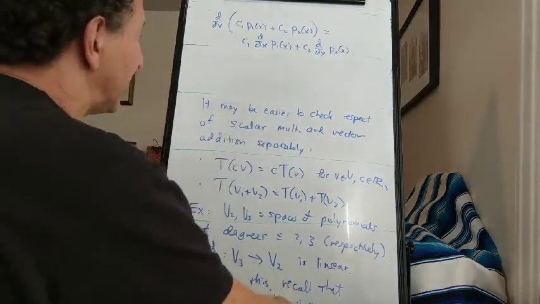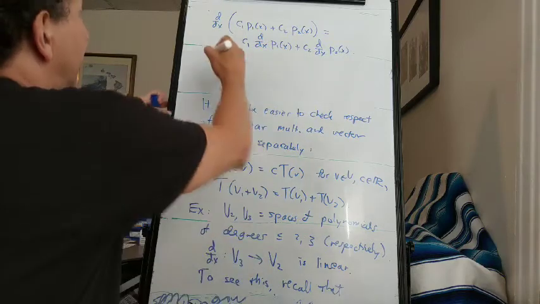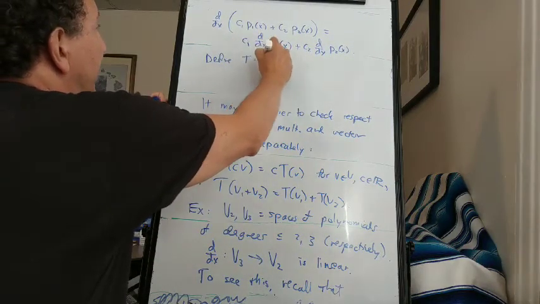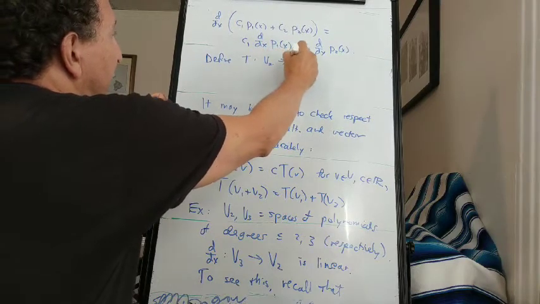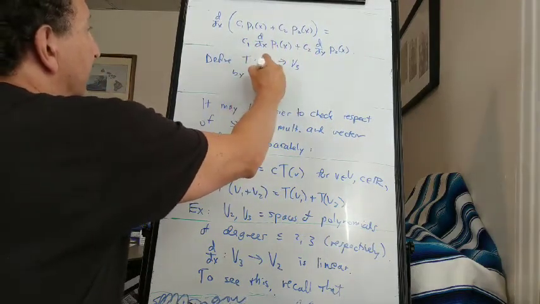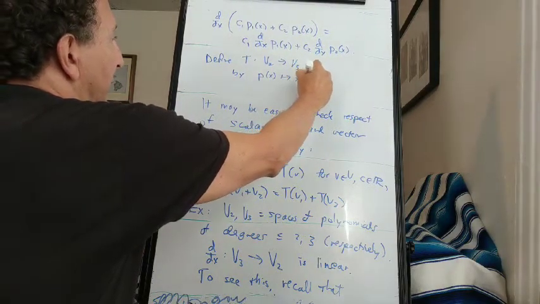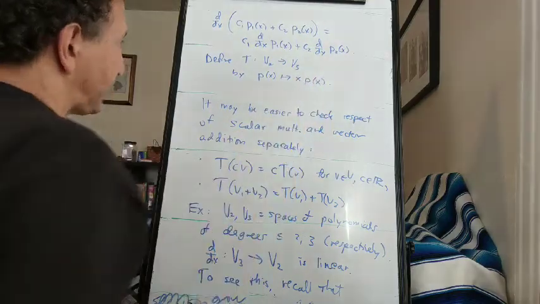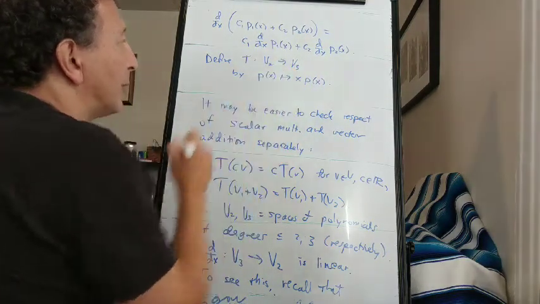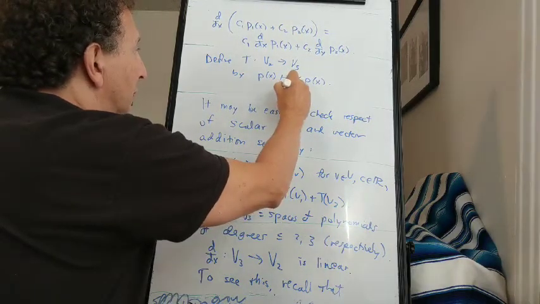Another easy linear transformation involving polynomials is, let's define T from V2 to V3 by sending a polynomial to x times that polynomial. So this map, which is the arrow with a little vertical segment on the left, means maps to.